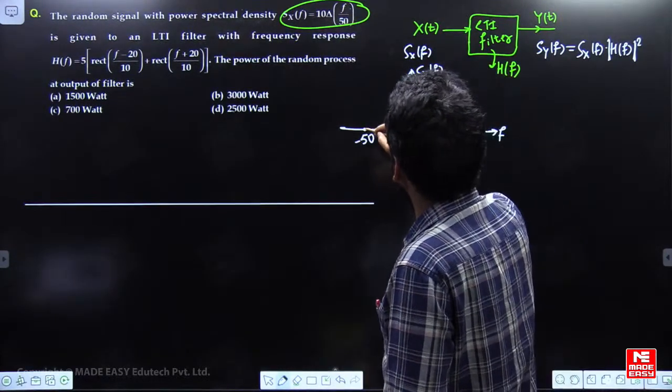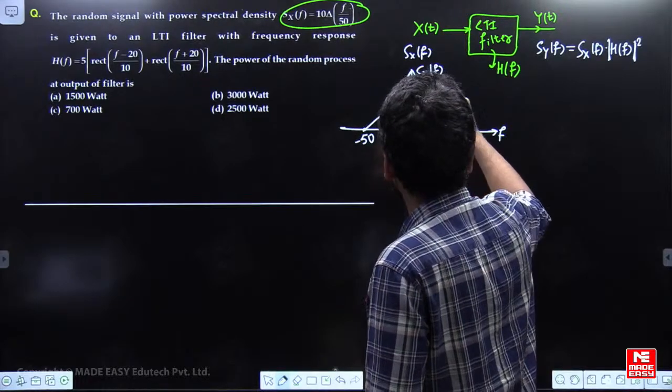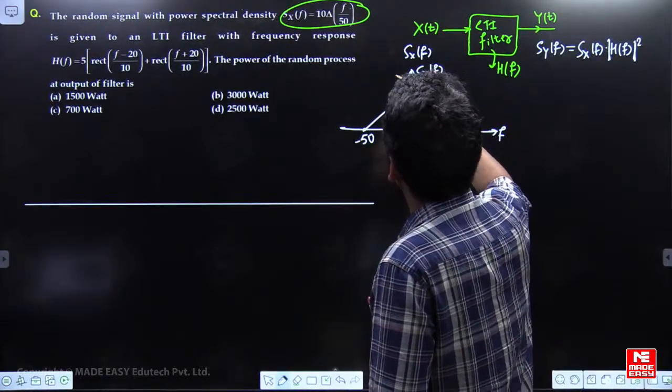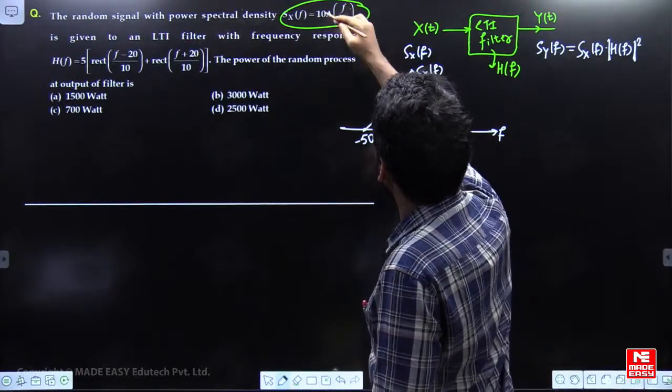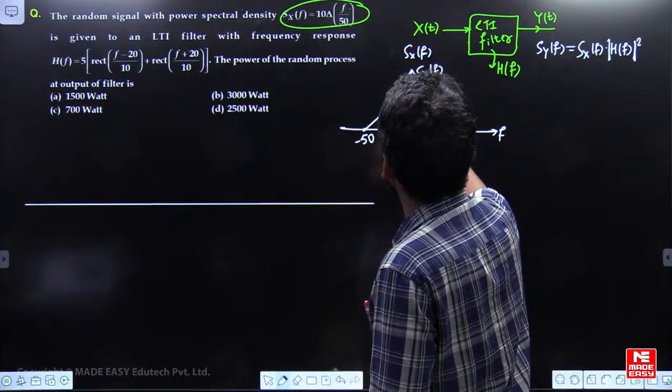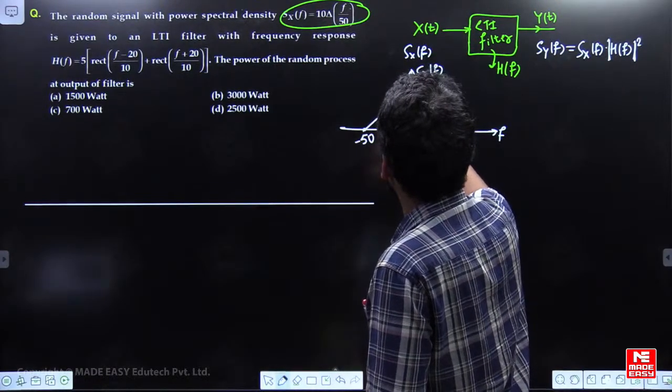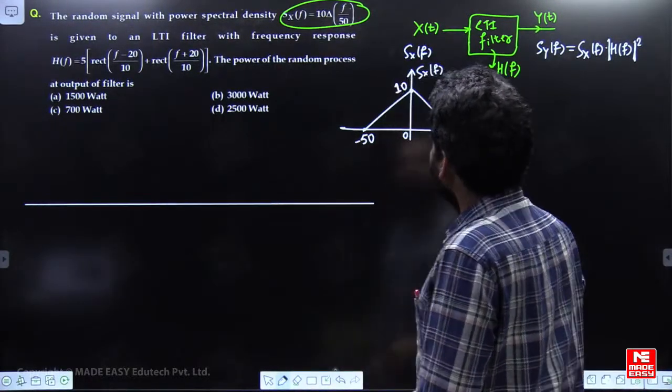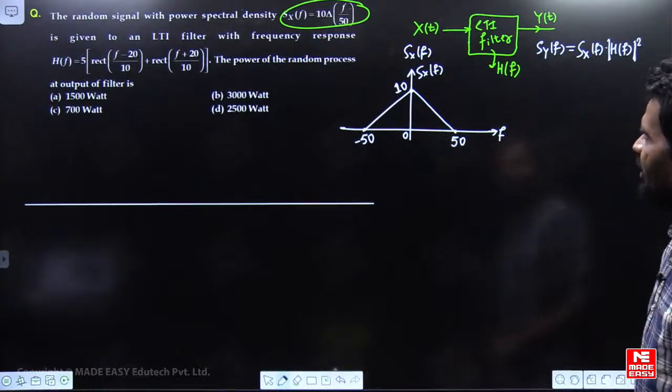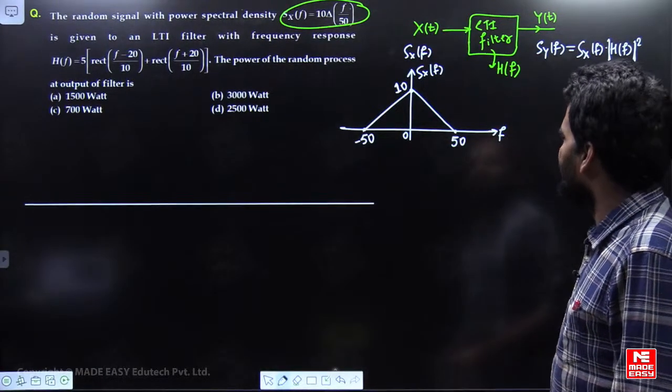This is a triangle, and the height here will be 10.